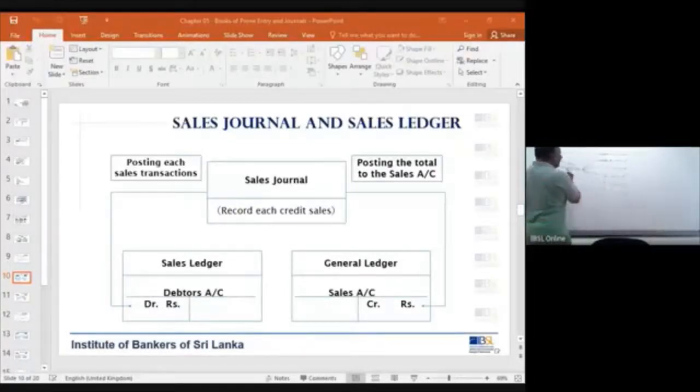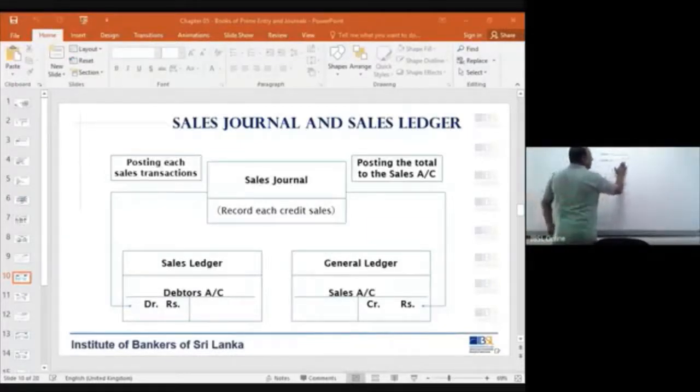So they haven't paid this company. Let's say this company is ABC company. Now in the books of ABC company, there is a total debtors amount which is equivalent to all these individual totals.